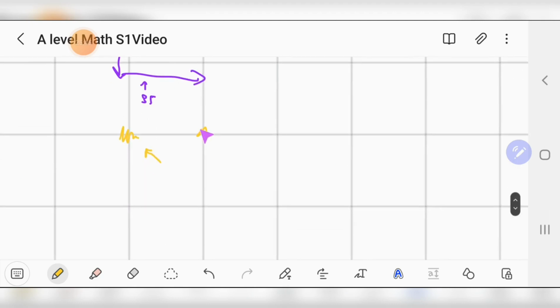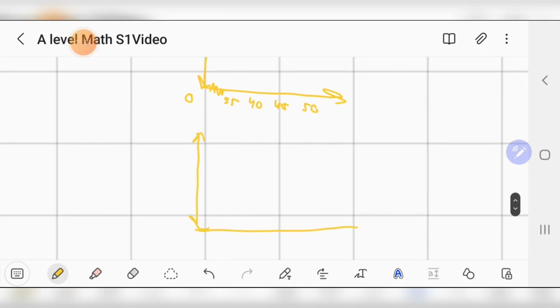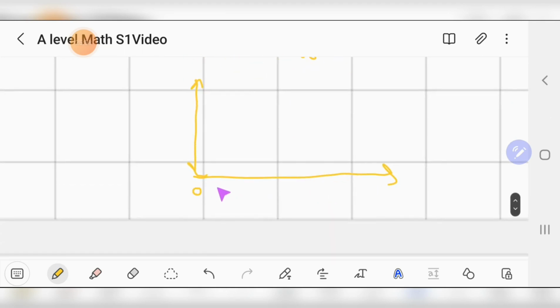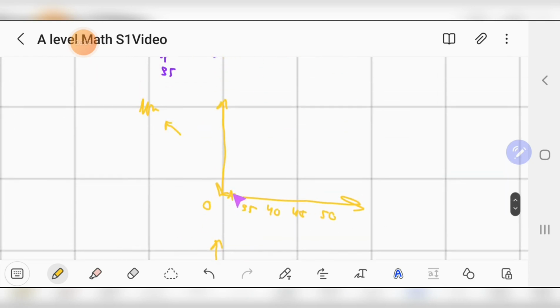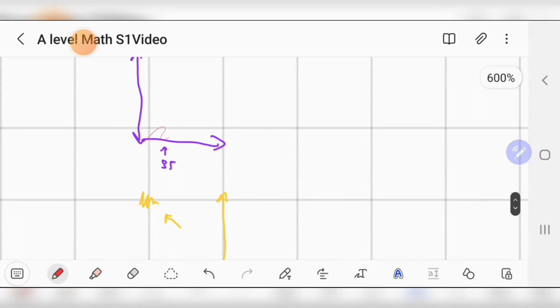You just put 0, and then if you want to start directly at 35, you write 35, then 40, 45, 50. Instead of writing 0, then 5, then 10, until you get to 35, you could just put this symbol and then start directly with 35. Like this.